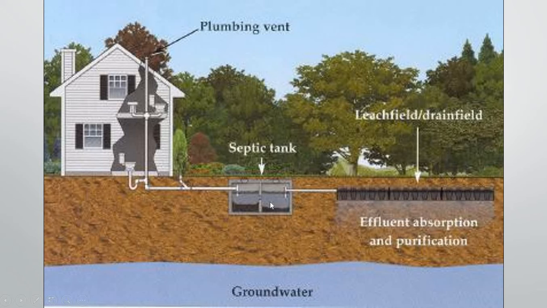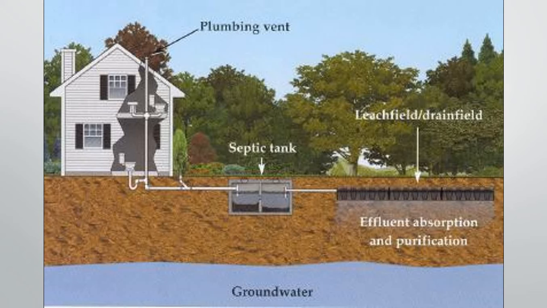But there is no such treatment here for the BOD or COD. It's only the basic preliminary treatment, and then the wastewater is pumped or moved to a leach field or a drain field. Here the wastewater will be drained and disposed into the ground.